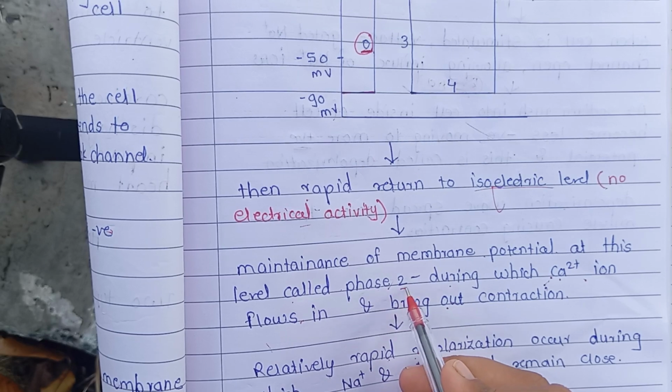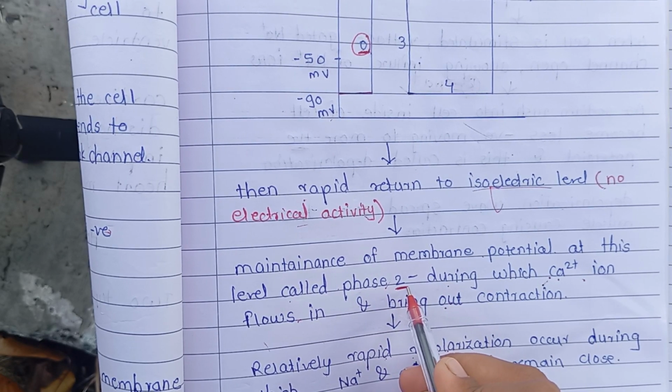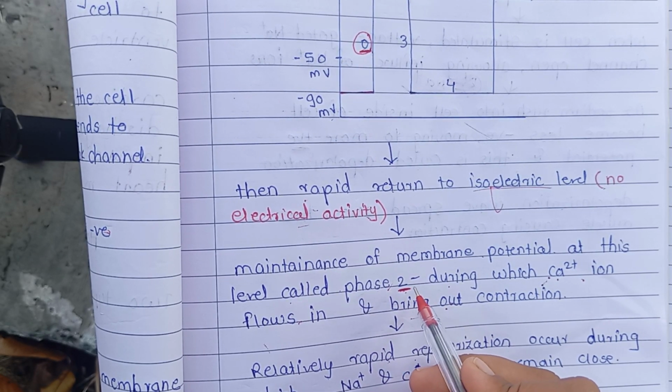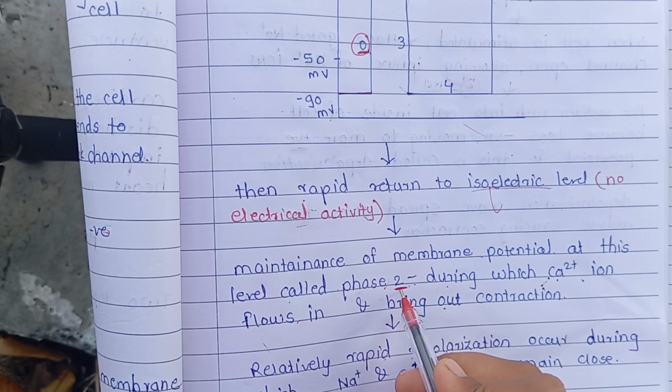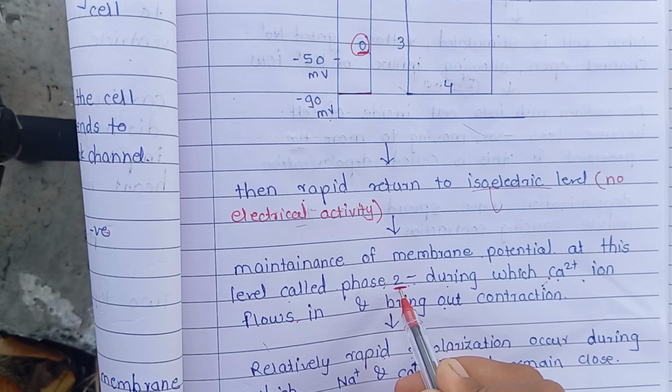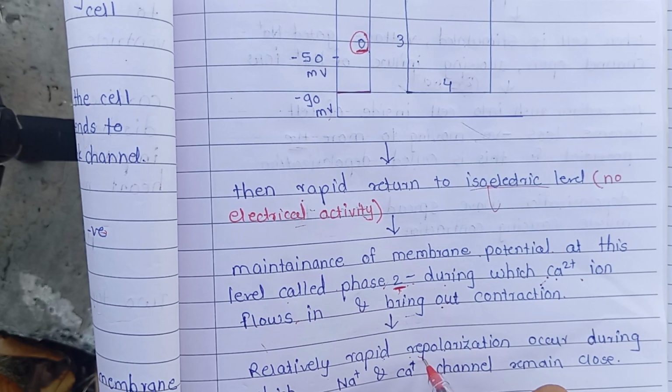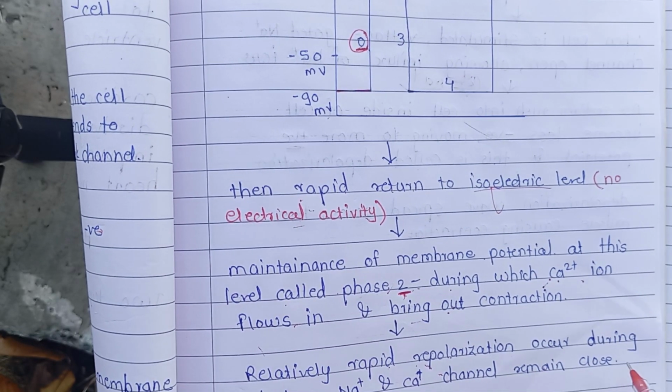That means at phase 2, contraction of the heart muscle occurs. After phase 2, relatively rapid repolarization starts to happen, that is the process towards relaxation of the heart starts. Sodium and calcium channels remain closed.